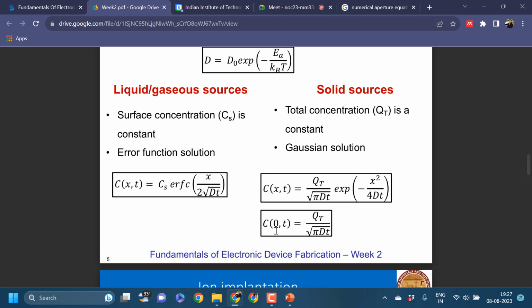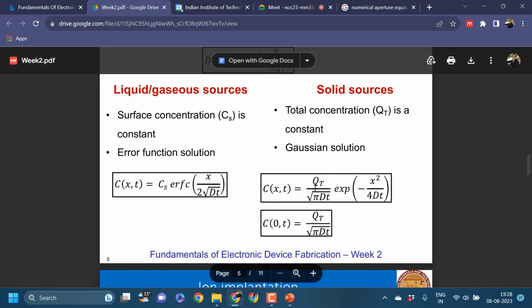I understood the zero, but the question was to find the x value till which the doping took place. So shouldn't we set C(x,t) equal to zero, as the zero concentration of dopants at the end? No, at the end the dopant concentration won't be zero. At the end, we will have a specific value, right?